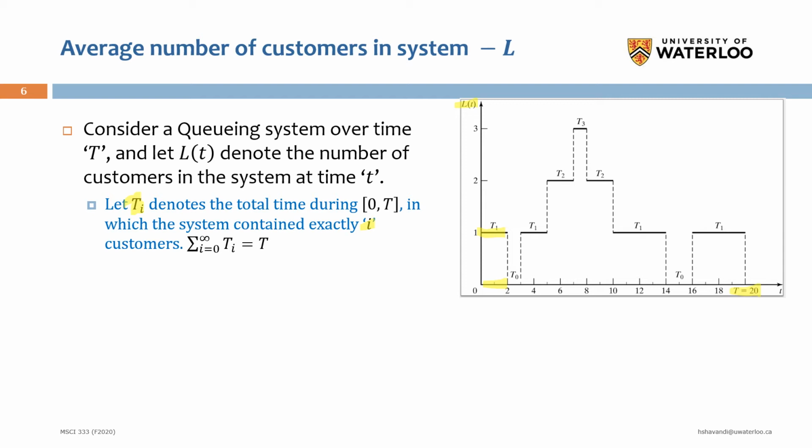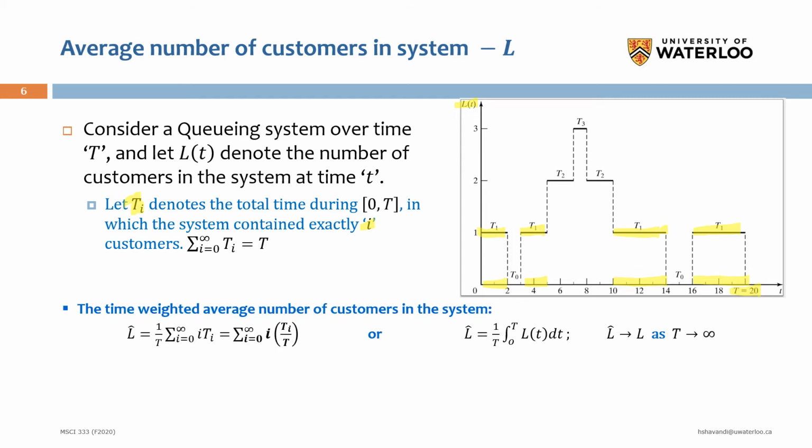For T1 we have 2 minutes here, another 2 minutes here for one customer, 4 minutes here again for one customer, and another 4 minutes here for one customer. So in total we have 2 plus 2 is 4, plus 4 is 8, plus 4 is 12. In total we have 12 minutes that we have just one customer in the system.